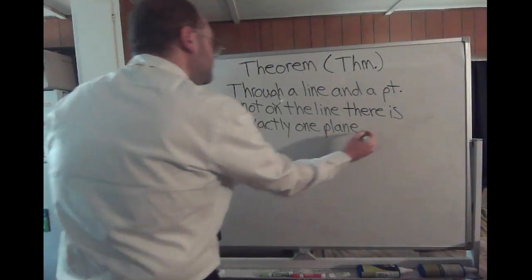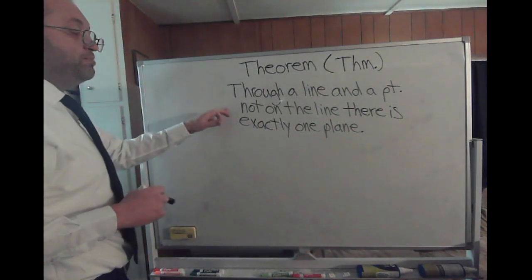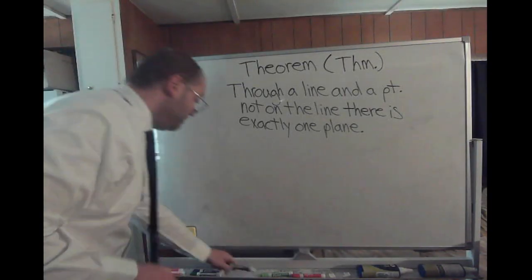So this next theorem states that through a line and a point not on a line, there is exactly one plane.